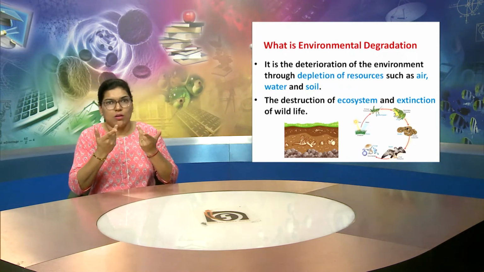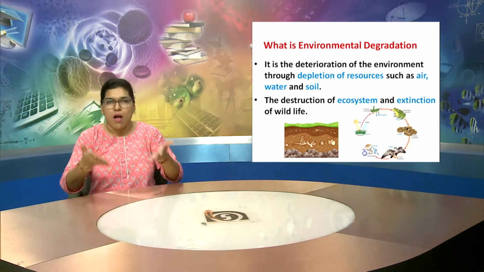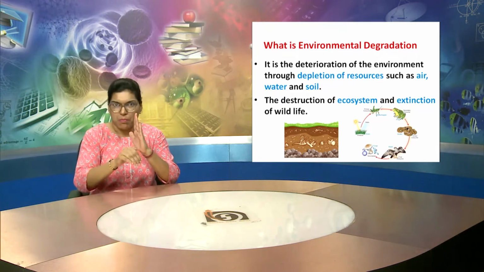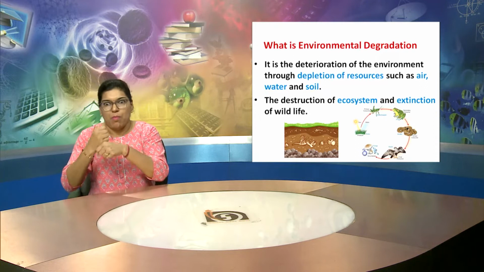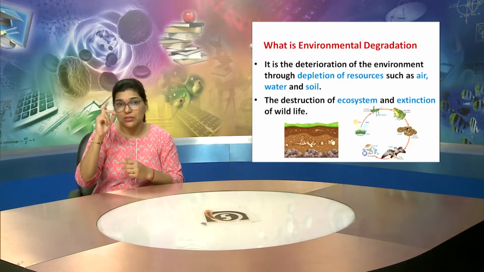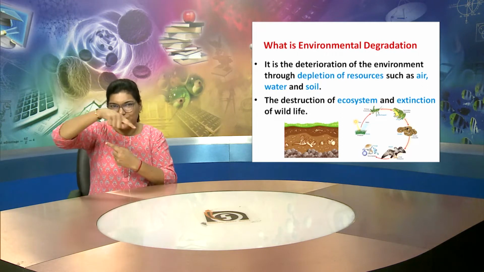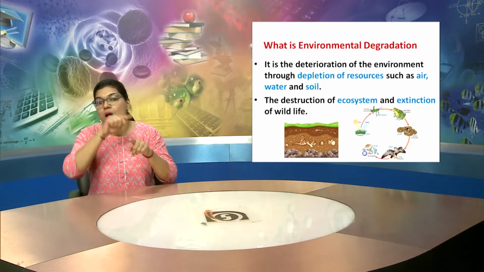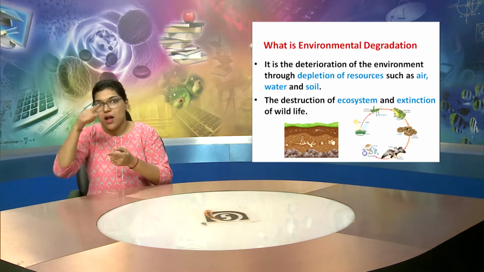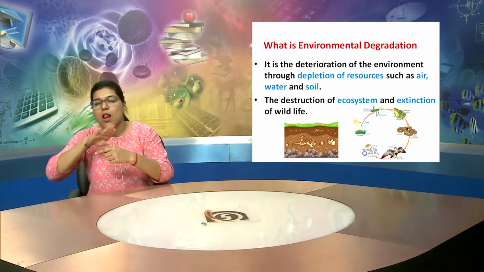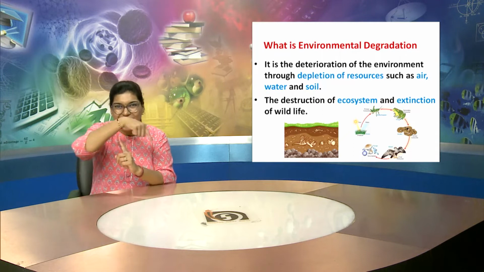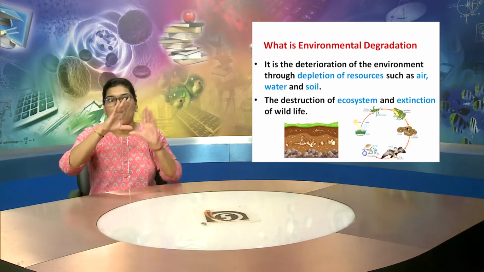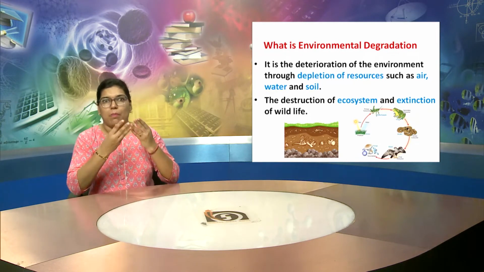It is the deterioration of the environment through depletion of resources like air, water, and soil. Also, the destruction of ecosystems. We understood the word ecosystem in our vocabulary. So, when an ecosystem gets destroyed, and also through the extinction of wildlife, it causes environmental degradation.